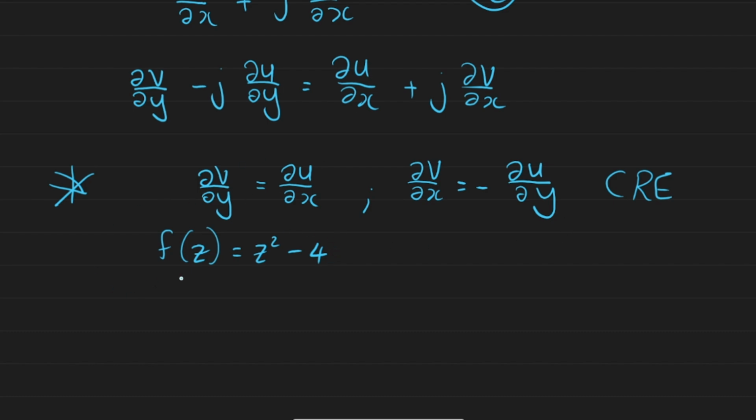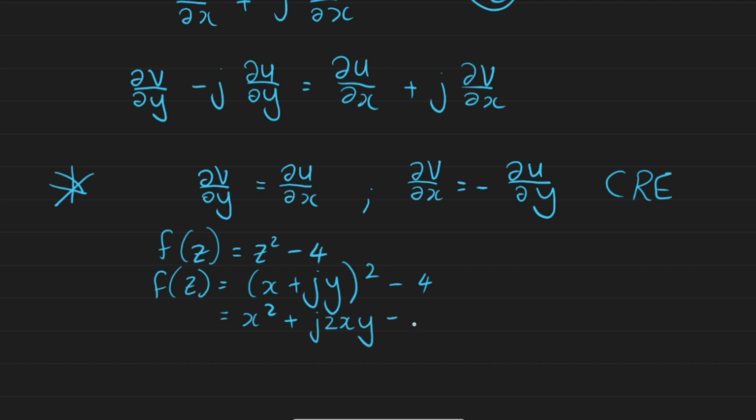So let's apply it to this example. Let's get everything in terms of x and y and u and v. If we do that, we get f of z is equal to (x plus jy) squared minus 4. Remember that this is what z is equal to. Then if we expand it out, we get x squared plus j 2xy minus y squared. Remember, j squared is minus 1. Then minus 4.